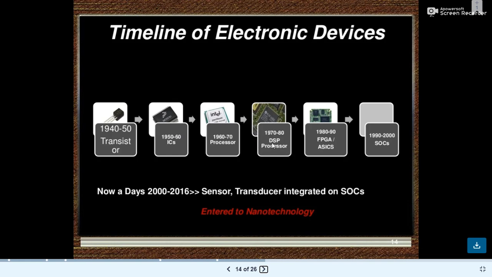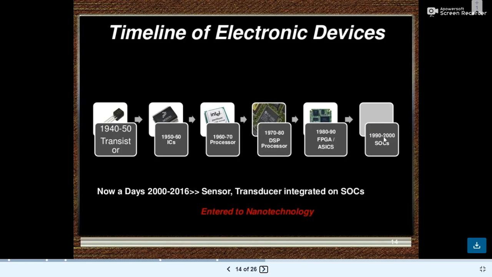Then you can see in 1970 to 80s the SoC became, and this is how the chips were. In the 1980s and 90s you can see FPGAs and ASICs. Now a field programmable gate array and etc., we will see in detail later. Just I want to show you that the transistors have again decreased in size, and today they are not visible. You might need a microscope to see them, right?